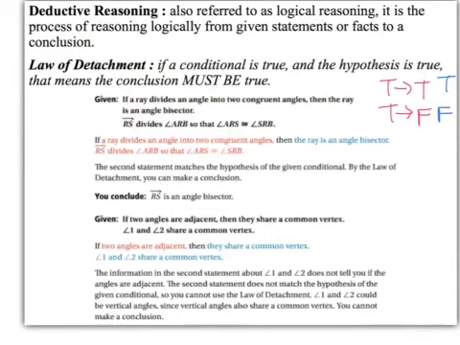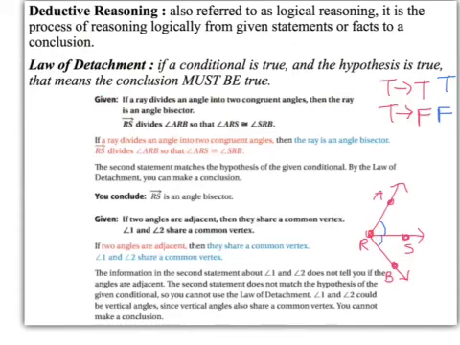So if we think of this as a picture, we have angle ARS and ray RS is dividing angle ARB into two congruent parts.